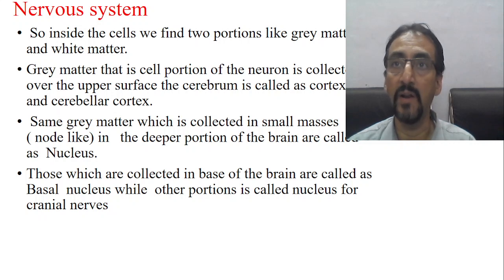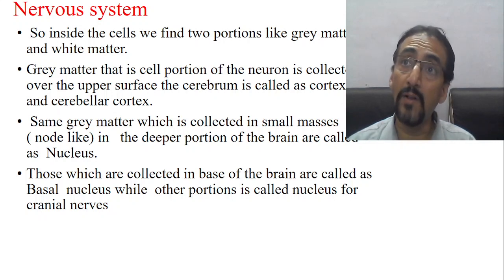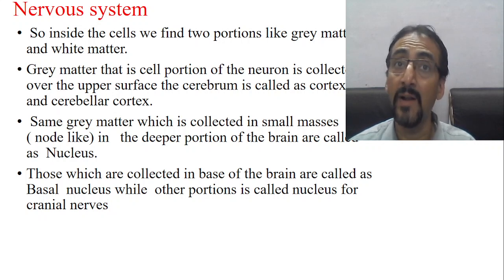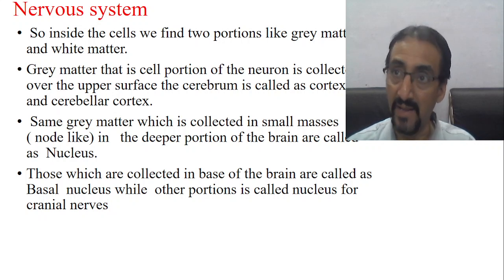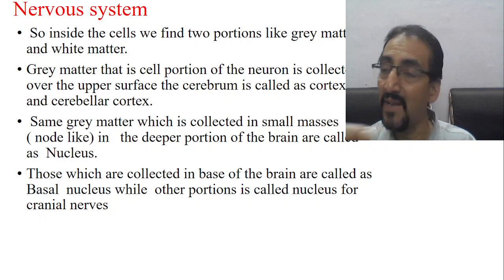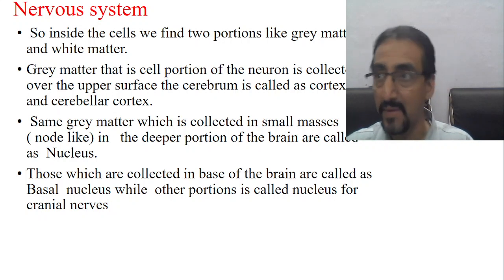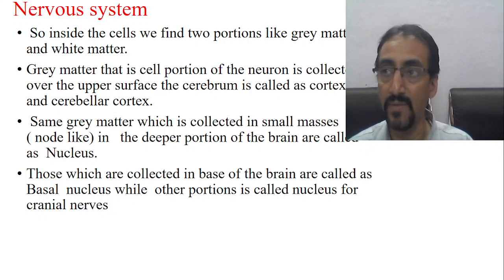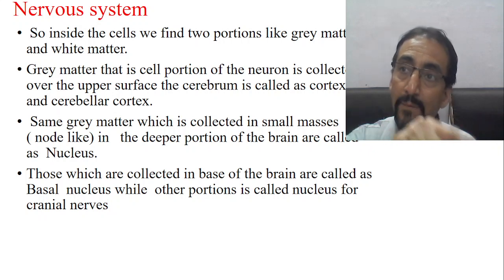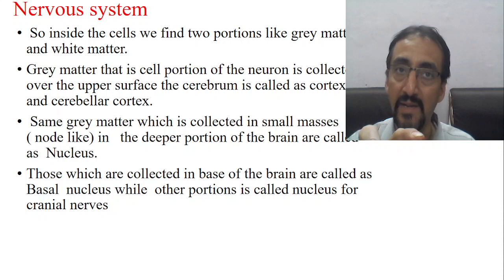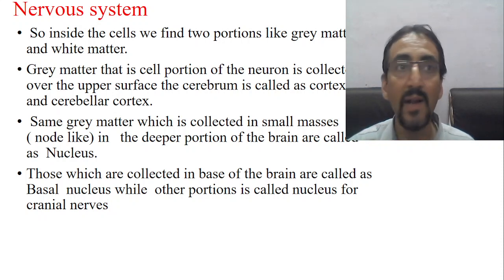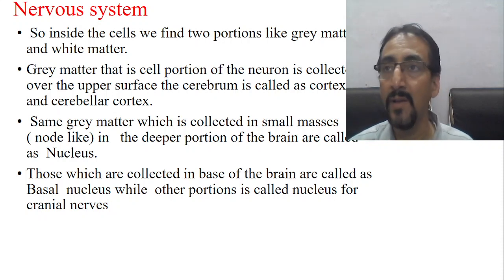It is accumulated there. Now suppose all the cell portions or body portions of the neurons are collected at a place, and a tail, that is the axon, is coming out of them. The area where the cell portions are collected together looks very gray, because the cell portion has gray color.